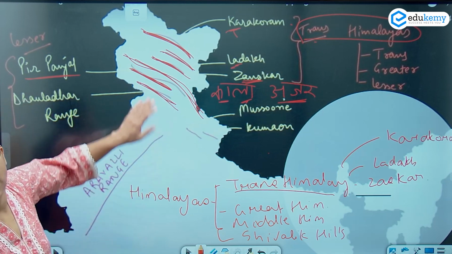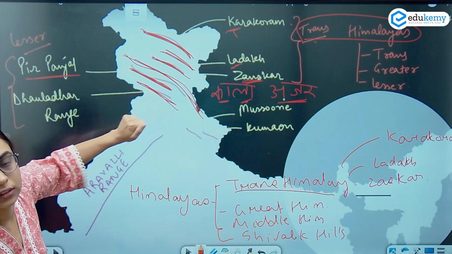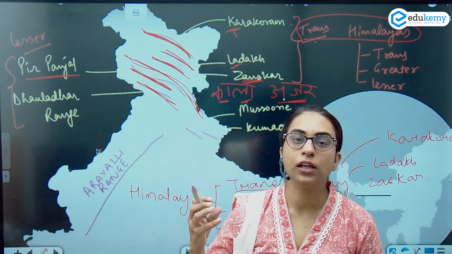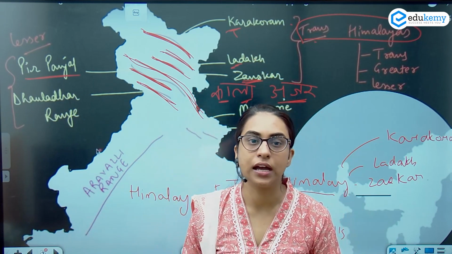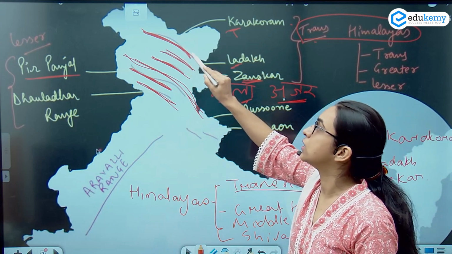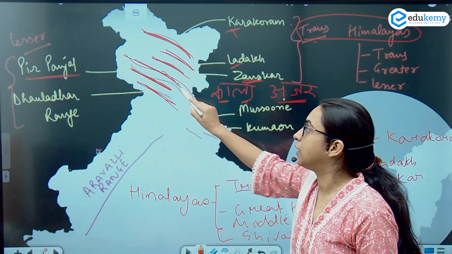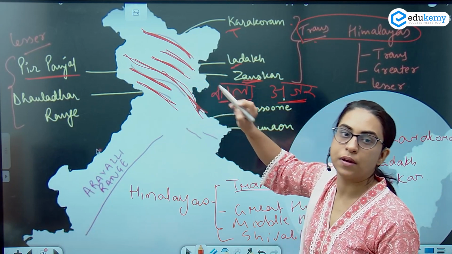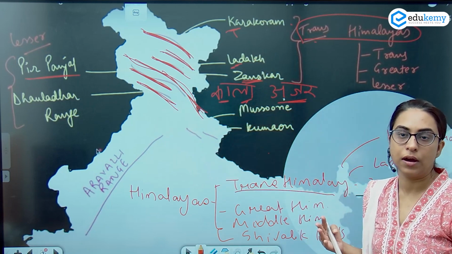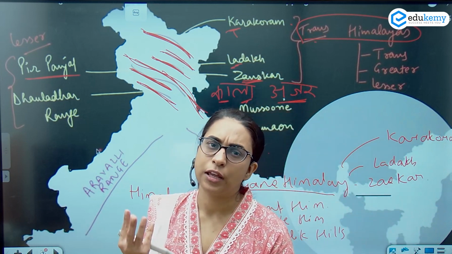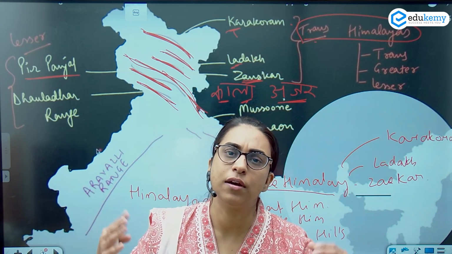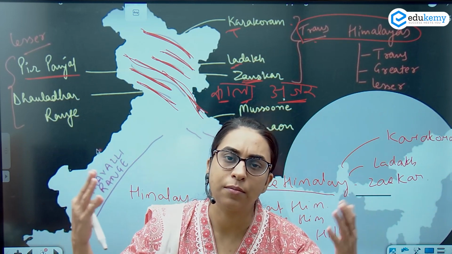The Pir Panjal range and Dhauladhar range are also part of the Himalayas. So we have Karakoram, Ladakh, Zaskar, we have Great Himalayas, we have Pir Panjal, we have Dhauladhar. These are a part of the Himalayas. Himalayas are locally also called Pir Panjal in Kashmir, and Dhauladhar.